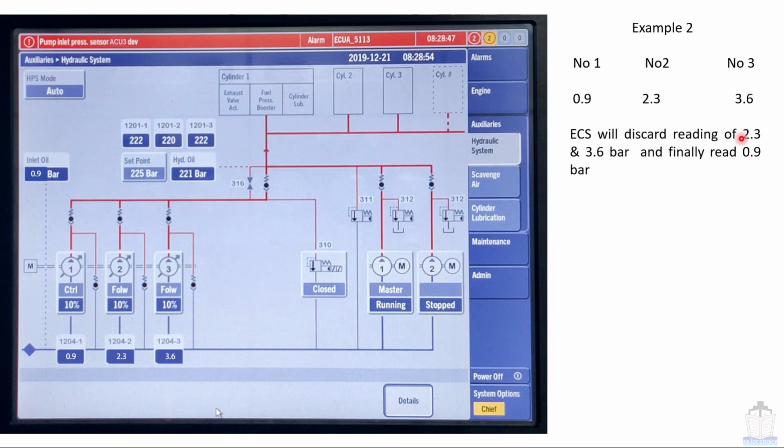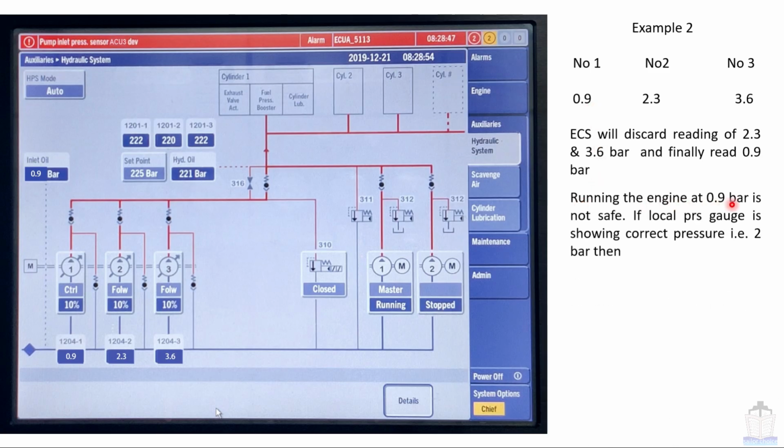ECS will discard the readings of 2.3 and 3.6 bar and finally read 0.9 bar. Why? Because according to the algorithm, it senses that all readings are erratic since the difference between individual readings is more than 1 bar. So it will assume that all values are erratic and hence the higher values will be discarded and the lower value will be accepted.